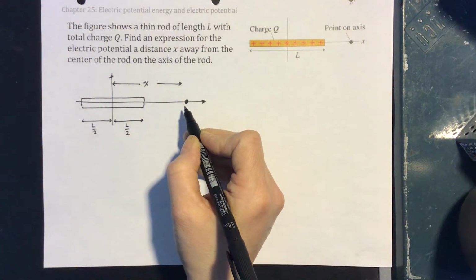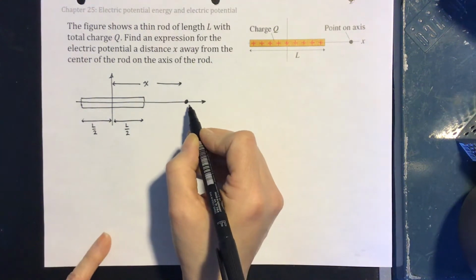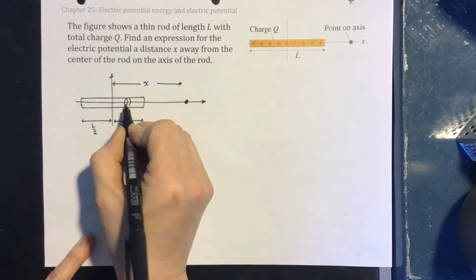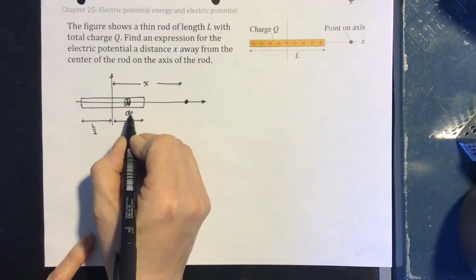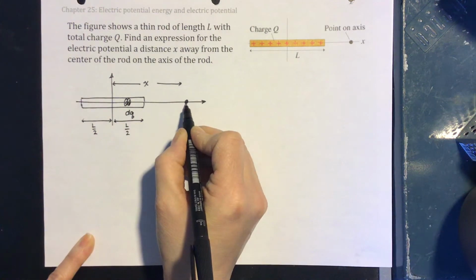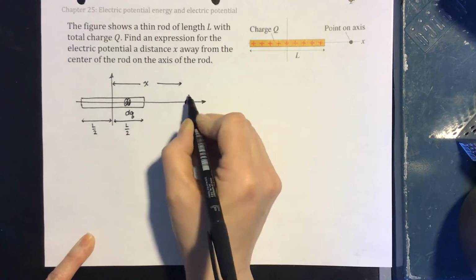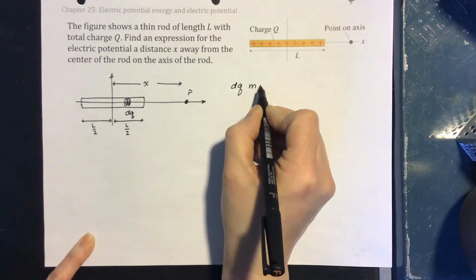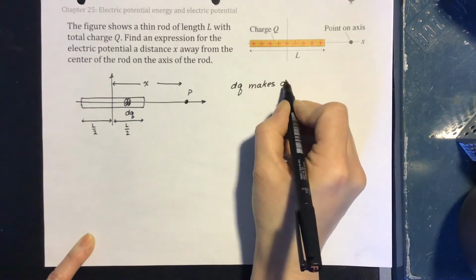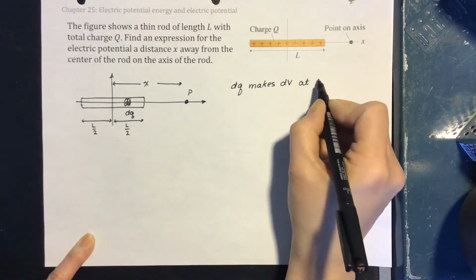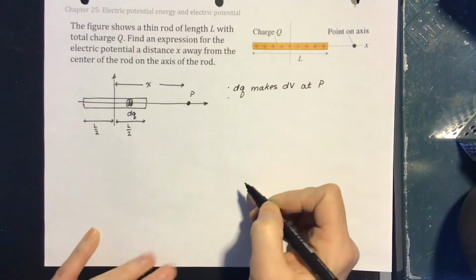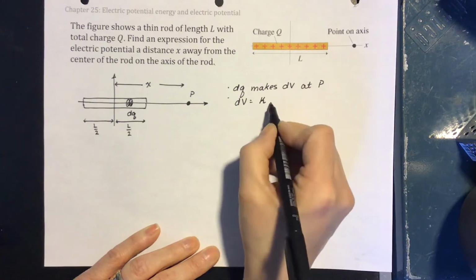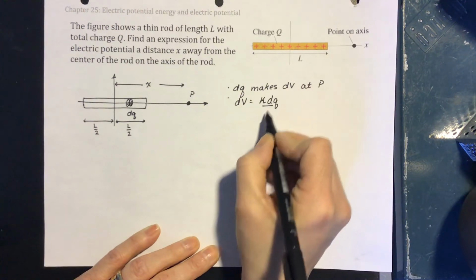So we'll establish our problem. We'll have to pick some element of charge, dq. This little piece of charge, dq, makes a little piece of potential, dV, at point P. That little bit of potential dV is equal to Coulomb's constant K times the little bit of charge divided by the distance between the point and the charge.